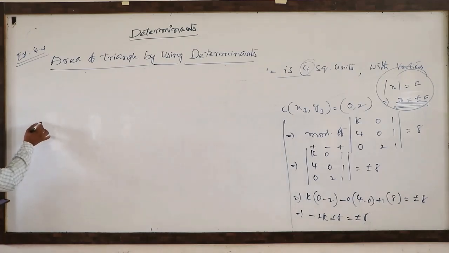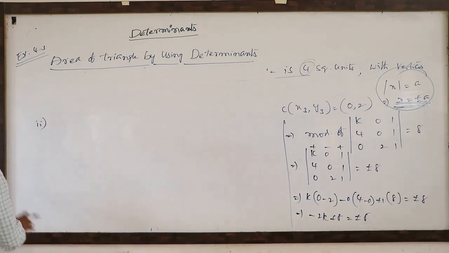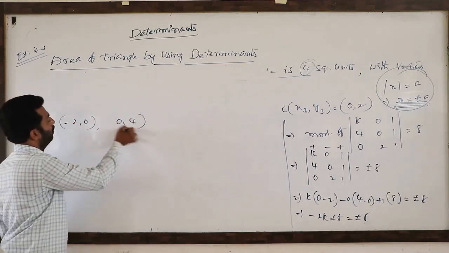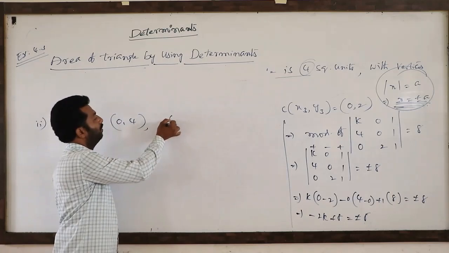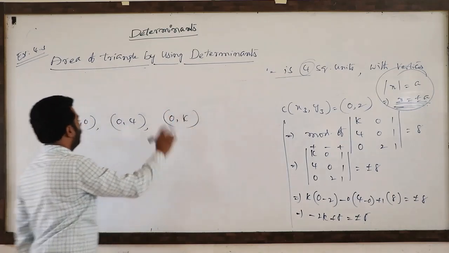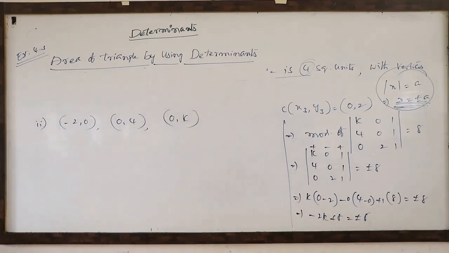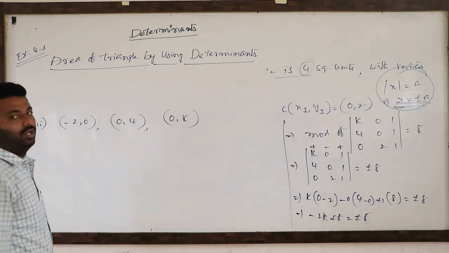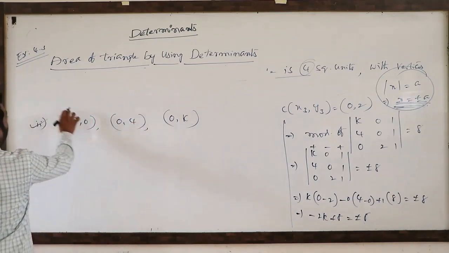Second being minus 2 comma 0, 0 comma 4, 0 comma k. So k value we have to calculate. Same area of the triangle, 4 units only, it will come.